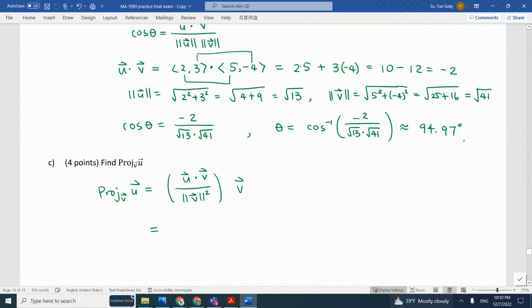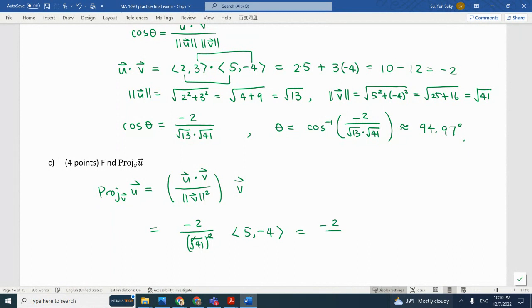We already computed u dot v, that is -2. And we already computed the magnitude of v, the square root of 41, but squared. And then multiply by v, which is (5, -4). You see, the square and square root cancel.